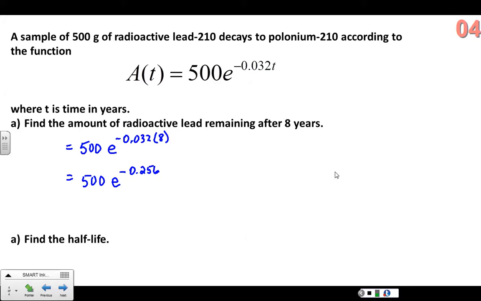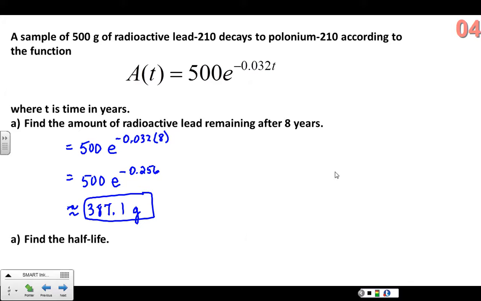So using your calculator, 500 times negative 0.256, inverse ln, or second function ln, equals 387.1 approximately grams would be left after 8 years.